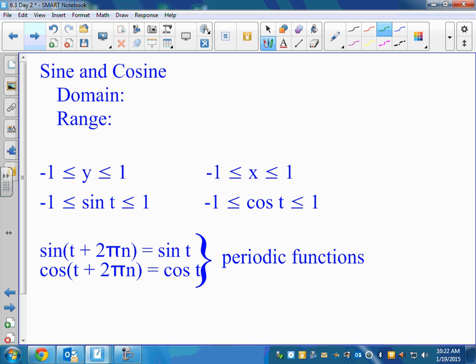But for sine and cosine, why do I like to start with those? Because remember that if you have a point on the unit circle, then the x-coordinate is the same as your cosine value, and the y-coordinate is the same as your sine value.